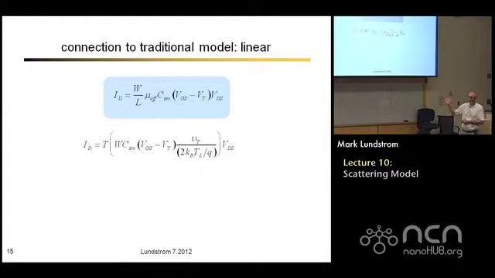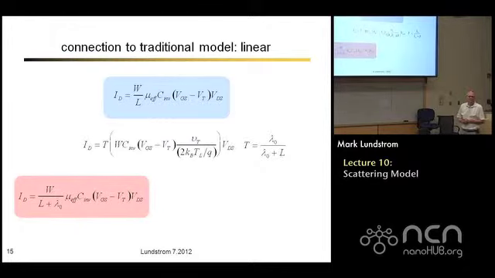They look very much different. The transmission is related to the mean free path. The mean free path is related to the mobility. So if I do a little bit of algebra and rearrange things, I can make that second equation look different. In fact, I can make it look like this.